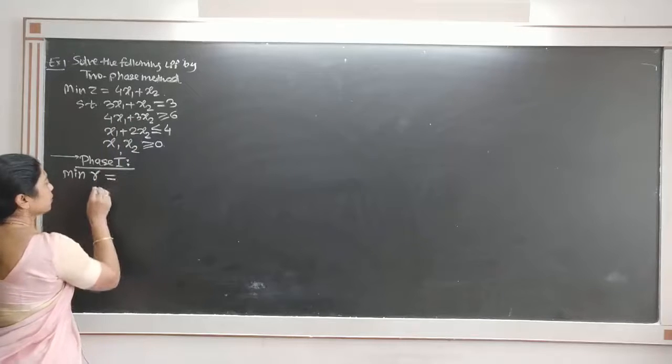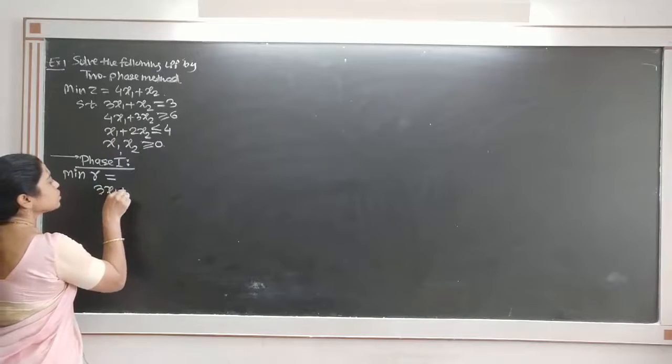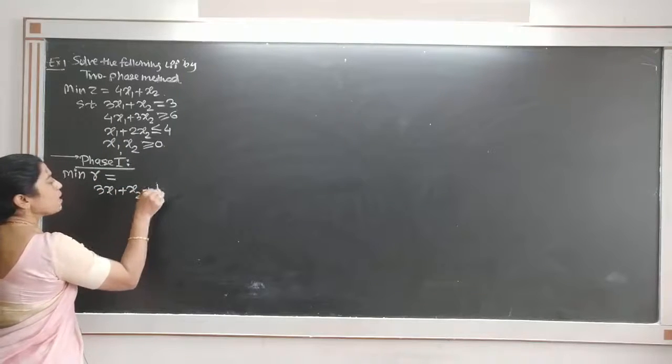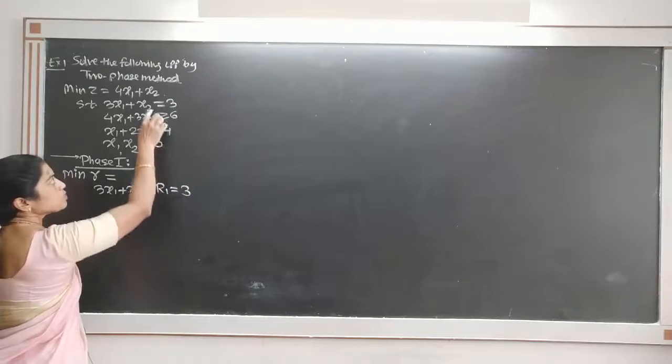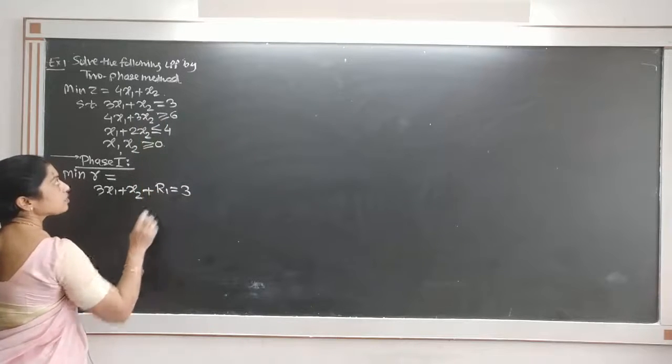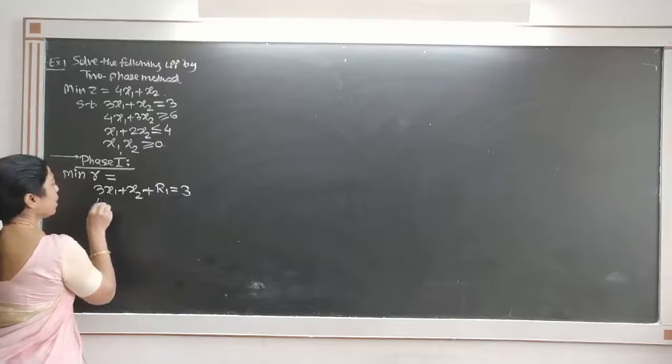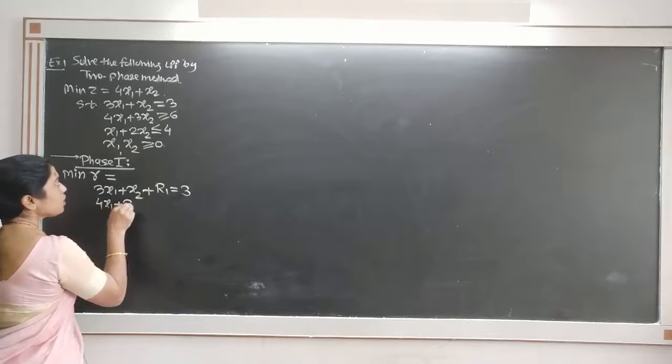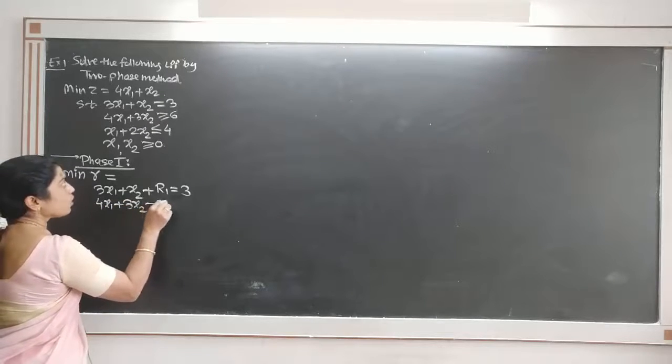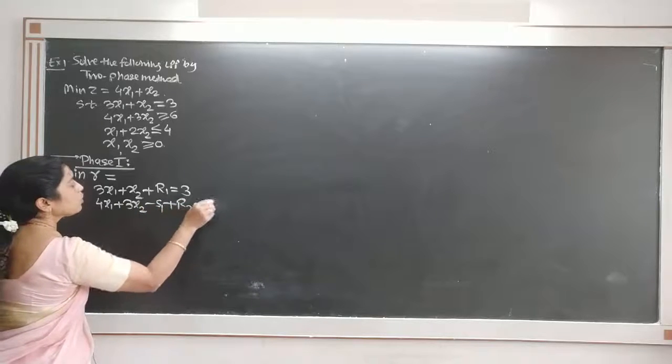So see the constraints. The first constraint is 3x1 plus x2 plus r1 equal to 3, because it is an equality constraint, add artificial variable r1. Then 4x1 plus 3x2 minus s1 plus r2 equal to 6.